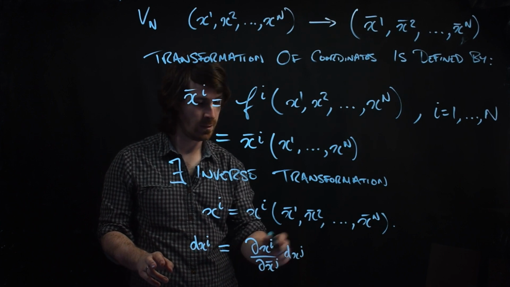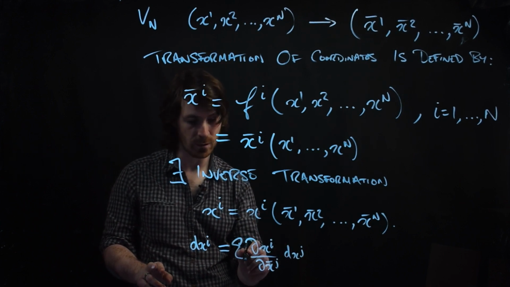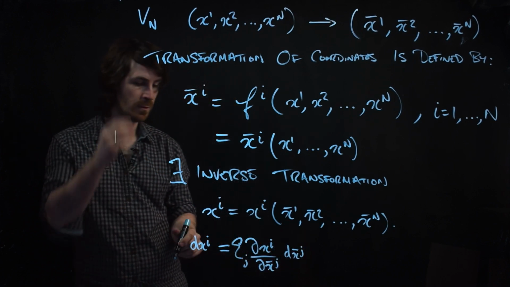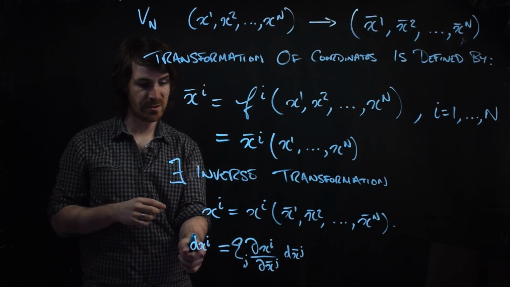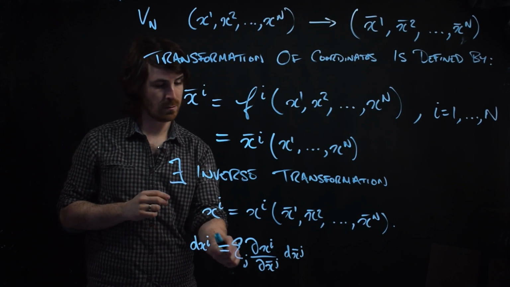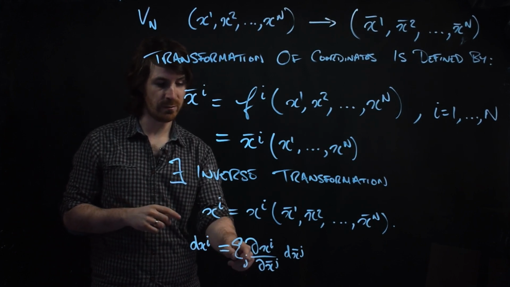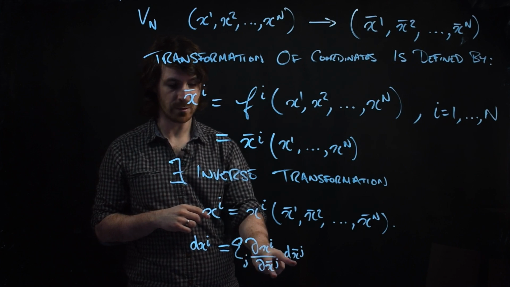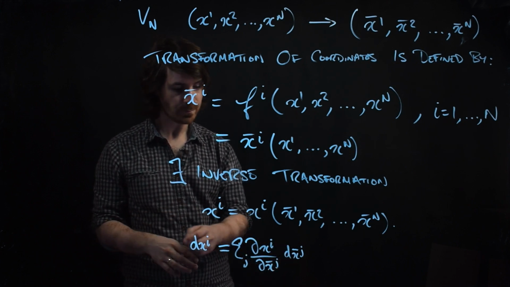Okay, and we have to have a sum over all the j coordinates. Sorry, this is a bar. So a little change in this coordinate is given by the partial derivative of the unbarred coordinates with respect to the barred coordinates. So this is just the chain rule.